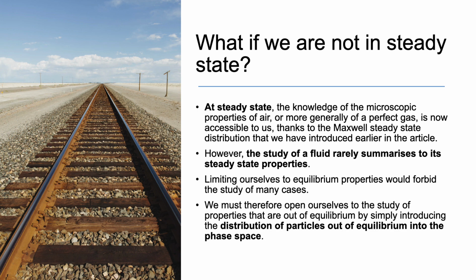However, the study of fluids rarely boils down to steady state. So we have to introduce something new to study the properties of a material which is out of equilibrium, and for that we introduce something called the distribution of particles out of equilibrium in the phase space.